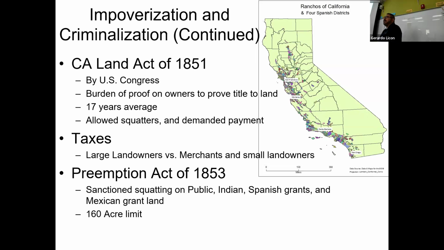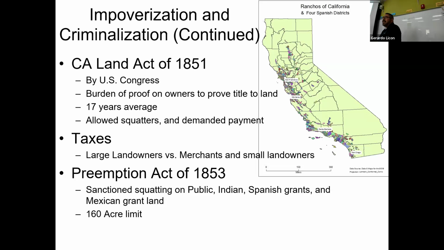And the thing with Californios is that they were wealthy in land, but they were not wealthy in cash. They didn't necessarily have very profitable businesses on their land. So they had status and they had land, but they did not have money. So they would end up losing their land to the people that had squatted on it because they couldn't afford to pay them for it.